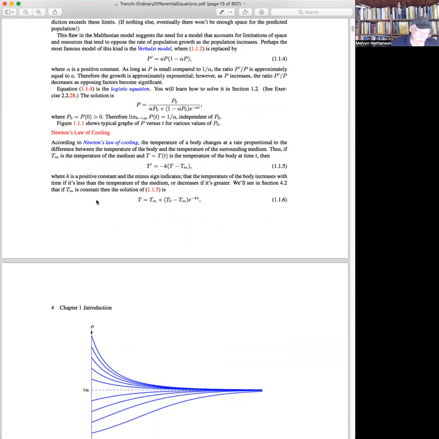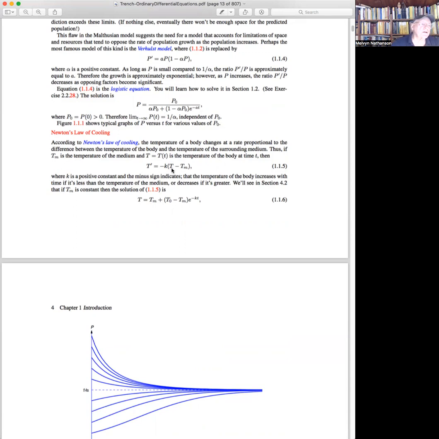Or if you take some boiling water, take a cup of boiling water, you put it in the room, and the temperature of the water is greater than the temperature of the room, the water will cool. And the rate at which it cools, so you're measuring the temperature of the water, the temperature is changing as a function of time. So capital T is the temperature. It's changing as a function of time.